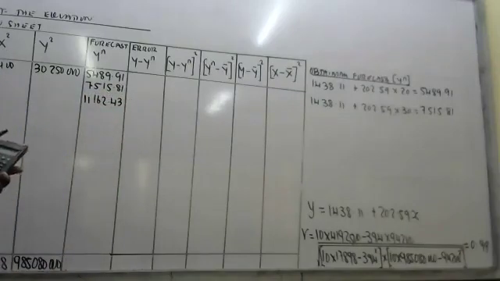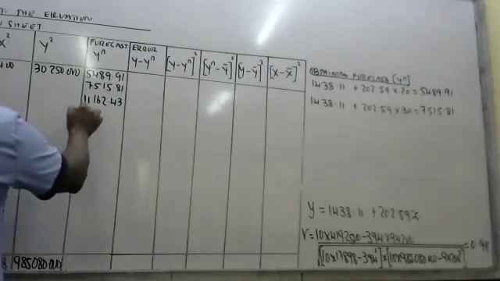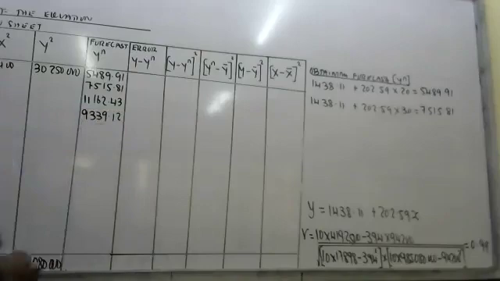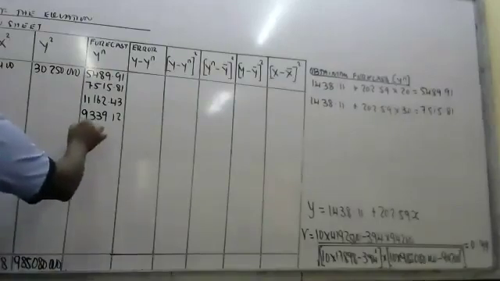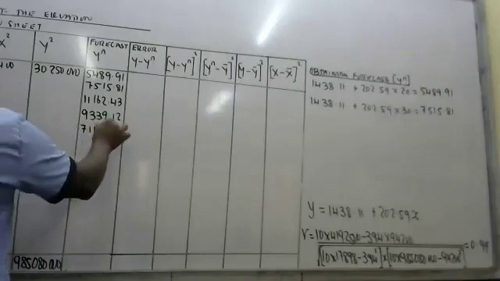Let's go to the other one and say 1438.11 plus 202.59 times 39 equals 9339.12. 1438.11 plus 202.59 multiplied by 28 is 7110.63.